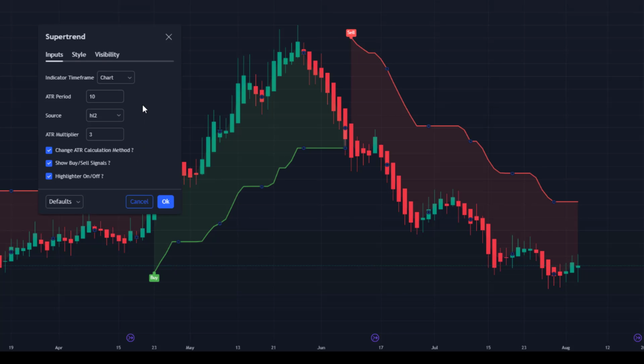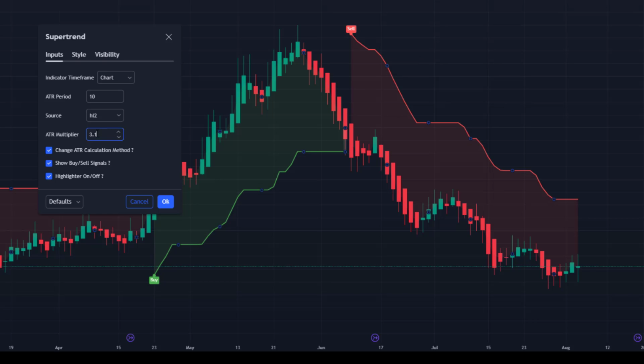Now, that is useful for getting really longer term trends and, like I say, taking out some noise. Now, if we want to adjust for more volatile assets like cryptocurrency or some stocks, then a higher multiplier can take out some of those whipsaws that you might have.